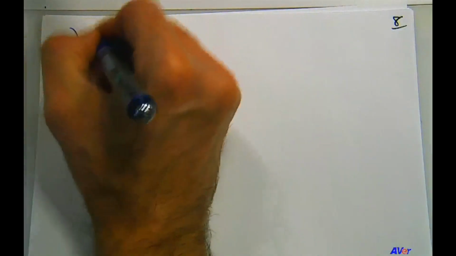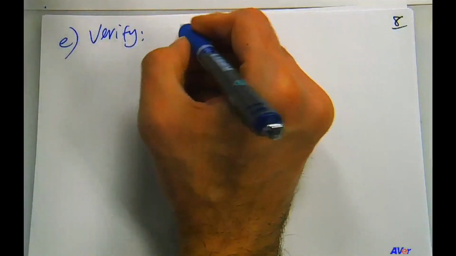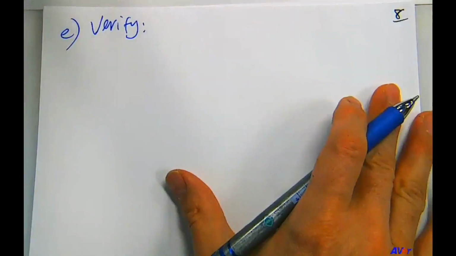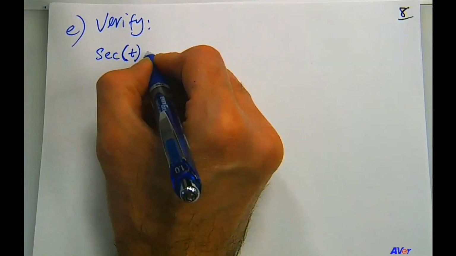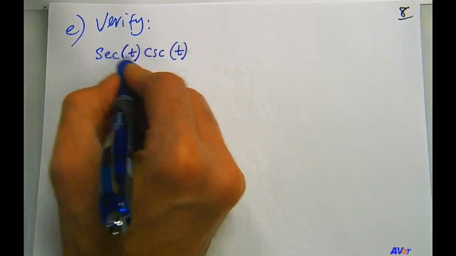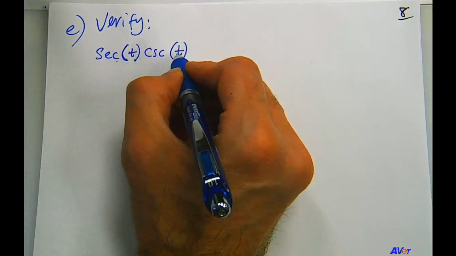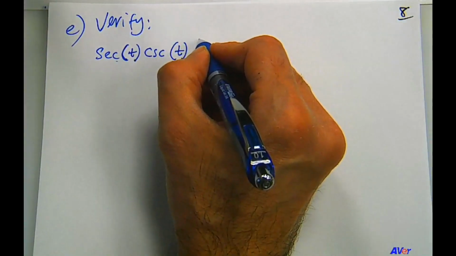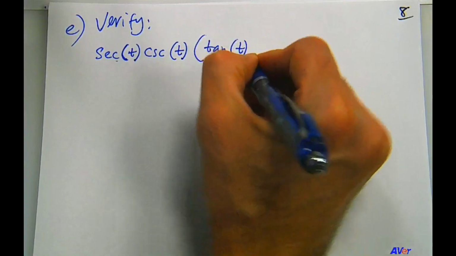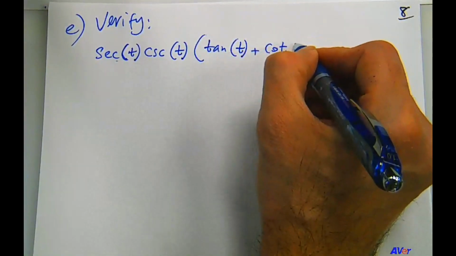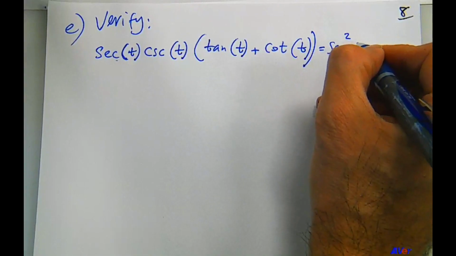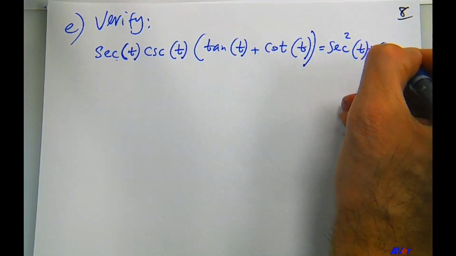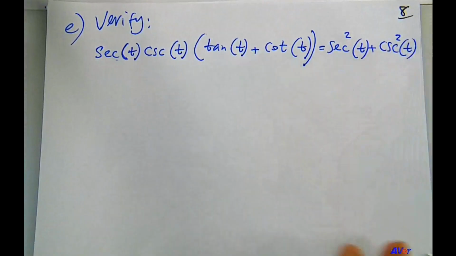So this would be part E. Let me write this down, so I don't think I have enough space there. We want to verify this equation: secant of t times cosecant of t times (tangent t plus cotangent t) equals secant squared t plus cosecant squared t.